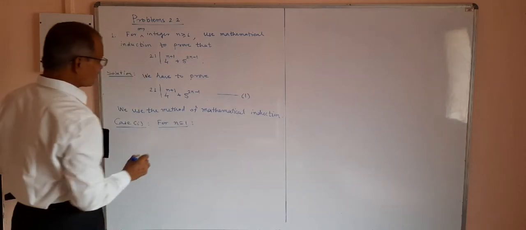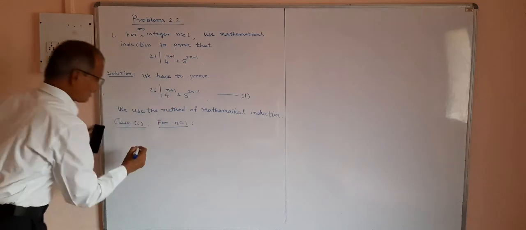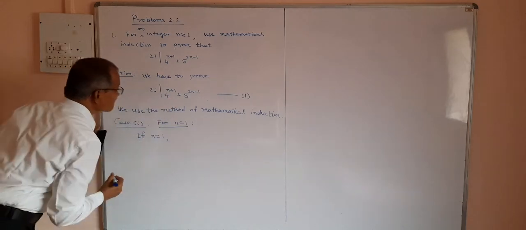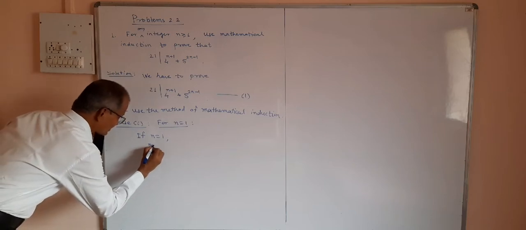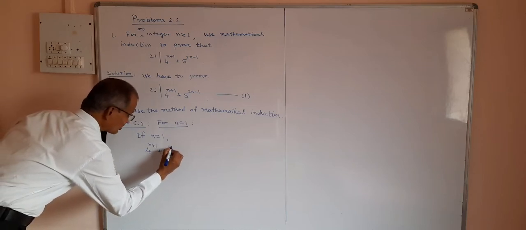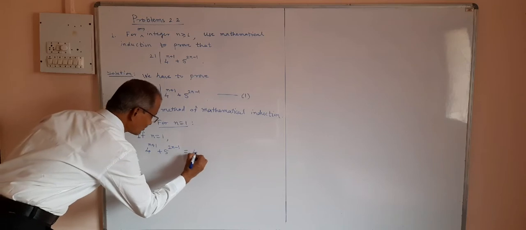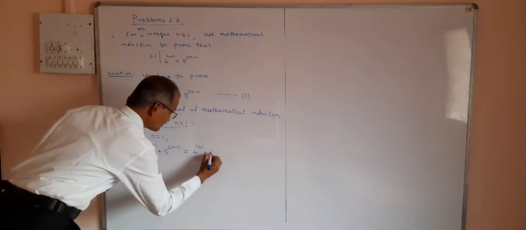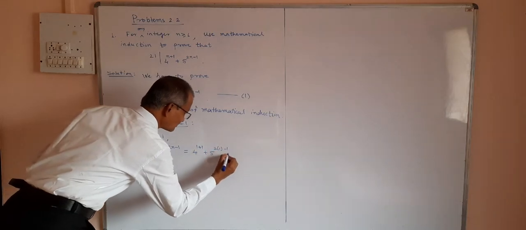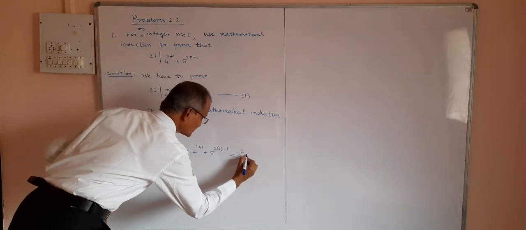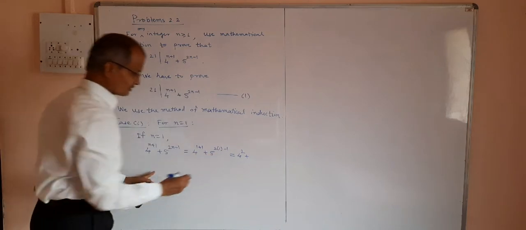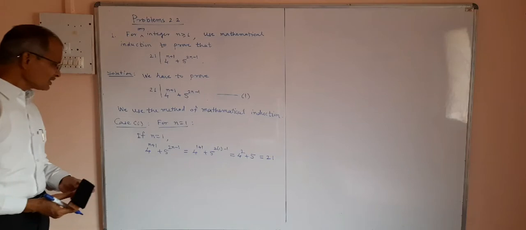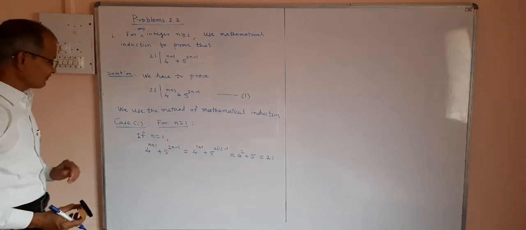Now when n is equal to 1, we have this. If n is equal to 1, 4 raised to n plus 1 plus 5 raised to 2n minus 1 is equal to 4 to the power 1 plus 1 plus 5 raised to 2 into 1 minus 1, or this is 4 square plus 5 raised to 1, that is 16 plus 5, which is 21. Now obviously 21 divides 21.